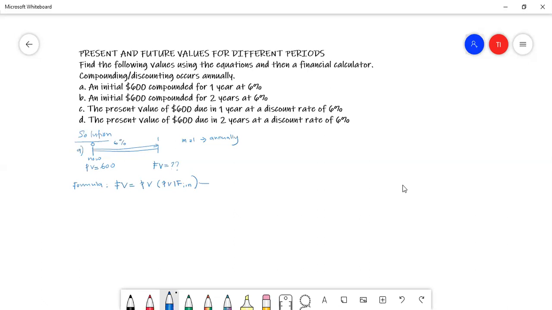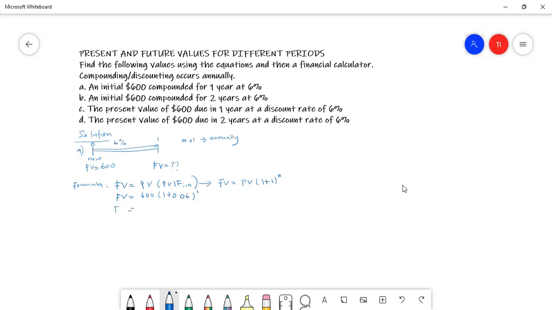So we extend the formula. Future value is equivalent to present value times (1 plus I) powered by N. So now the future value is 600 times (1 plus 0.06) powered by 1.